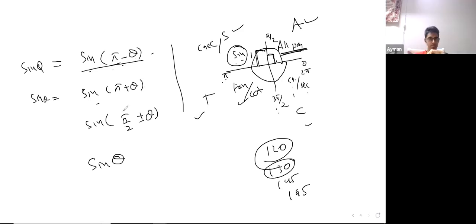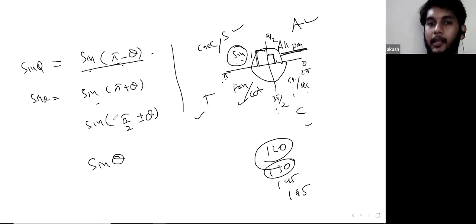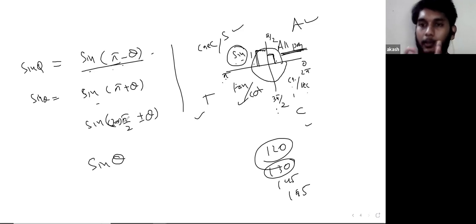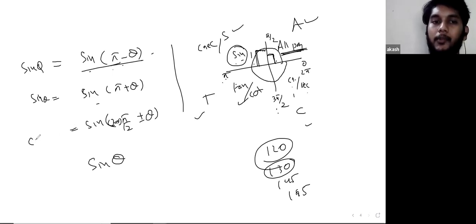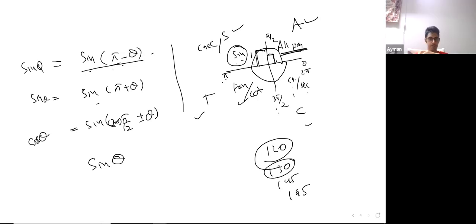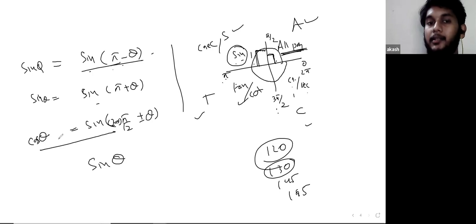But if you have pi by 2 plus theta, that means 2n plus pi by 2, that means 90, 270, and multiples of 90, then if you have pi by 2 plus or minus theta, sine will become cos theta. This is the reason why it is called cos: sine, cosine, complementary of sine.